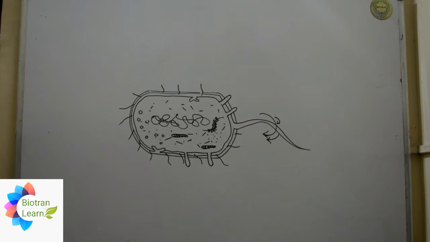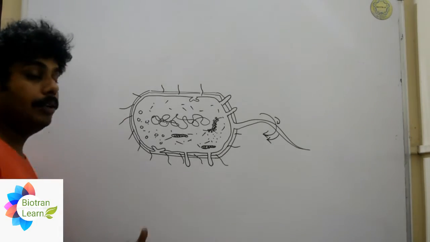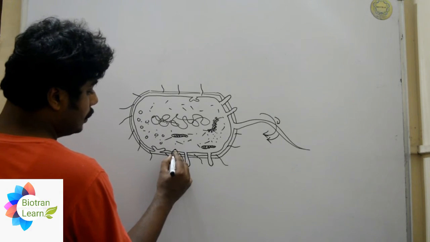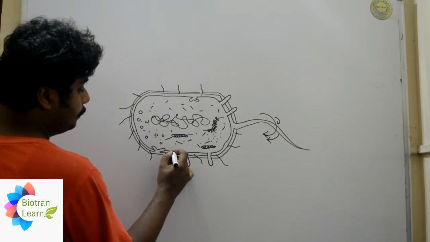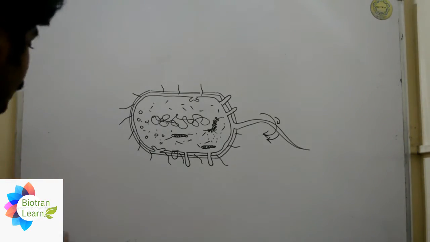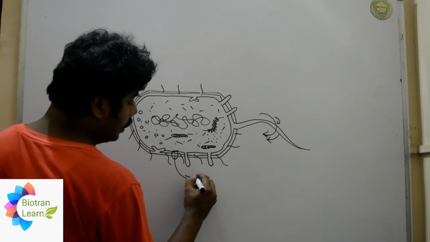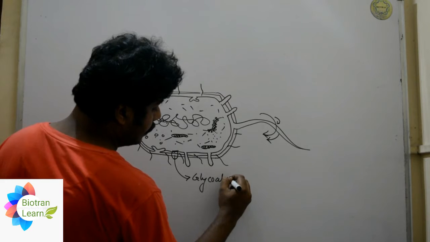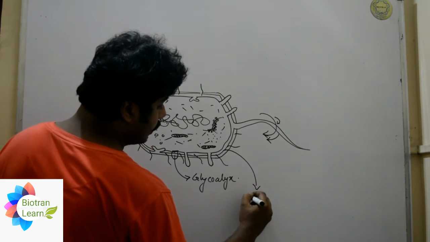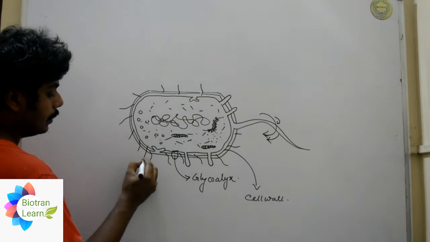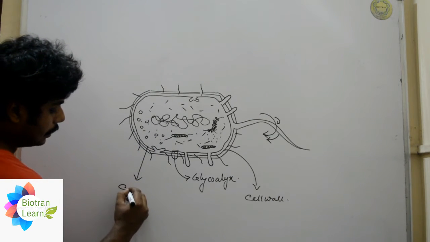Now let's see how we label these structures. The total structure outside the cell membrane will be known as glycocalyx. Afterwards we will get a cell wall, and inside we will get the cell membrane.